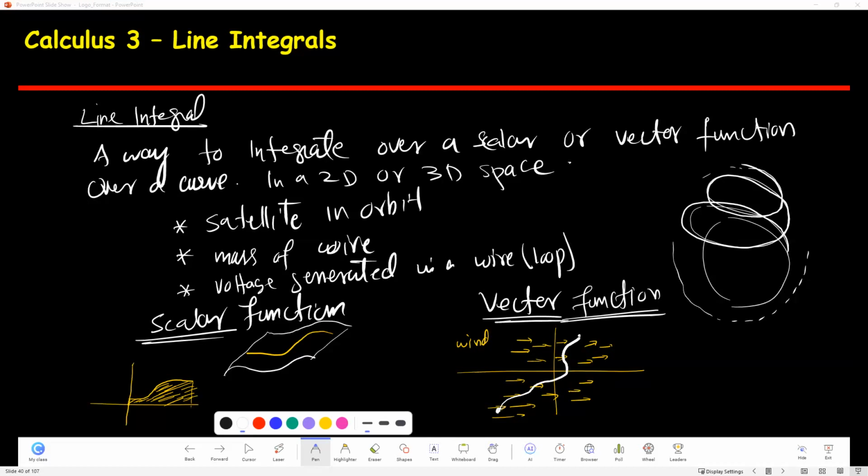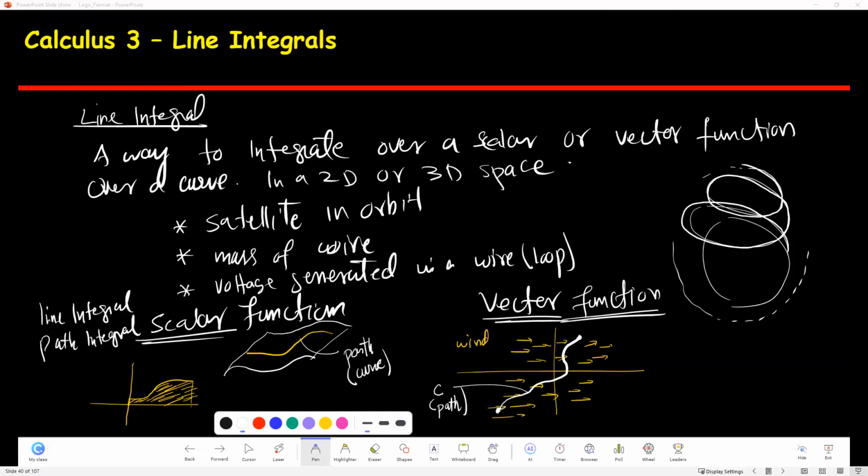You can maybe go here. So if I'm asking you to calculate how much work you've done on this, you have to tell me about this path. This is called C. That is my path. Same thing, this yellow line is my path, or I can call it curve. So line integral can also be called path integral. Okay.